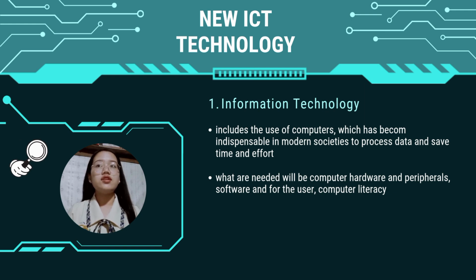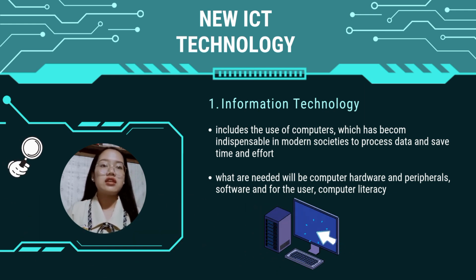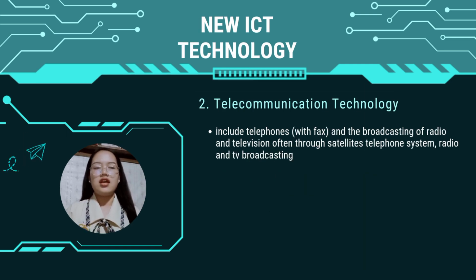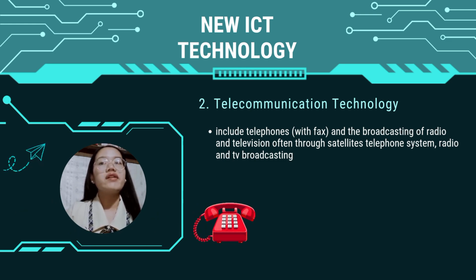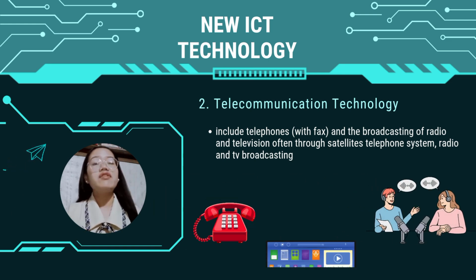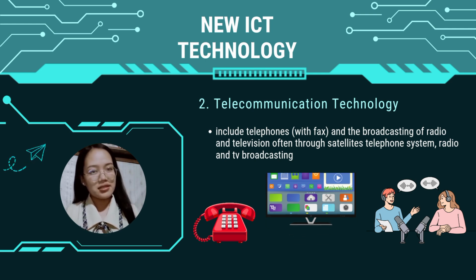It includes use of computers, which has become indispensable in this modern society to process data and to save time and effort. The second one is communication technologies. It also includes telephones, of course, with fax and the broadcasting of radio and television, often through satellites, telephone systems, radio, and TV broadcasting.